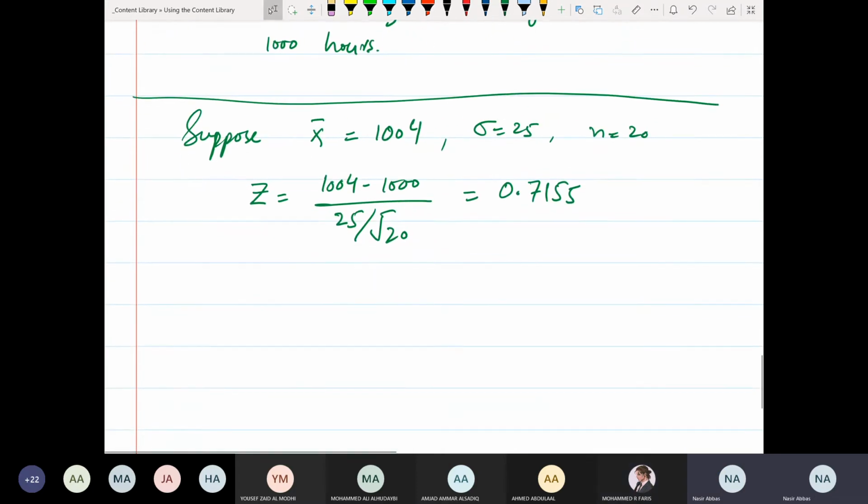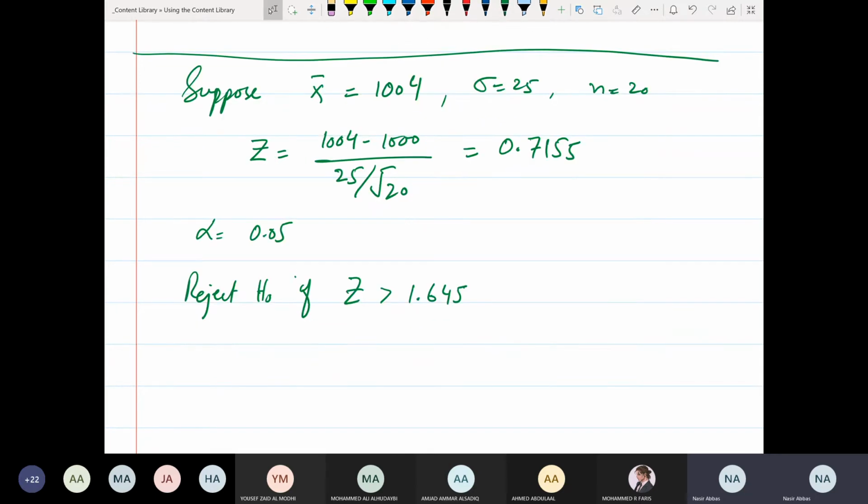0.7155. Now here again, if I use the same alpha, alpha 0.05, I will reject H0 if my Z is greater than 1.645. Now in this case, is it greater than 1.645?